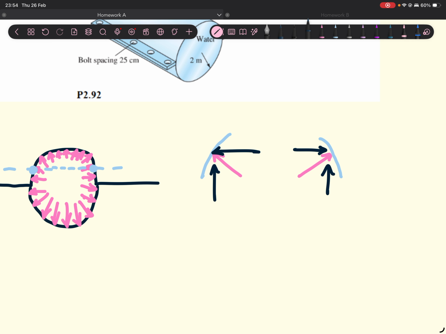So in these kind of questions, we're not necessarily concerned with the horizontal forces because they're going to cancel out anyways. The thing we're concerned about is the vertical forces, also because the vertical forces are different as you go down. Over here, they're very, very small, not zero, and then at the bottom, they're very high.